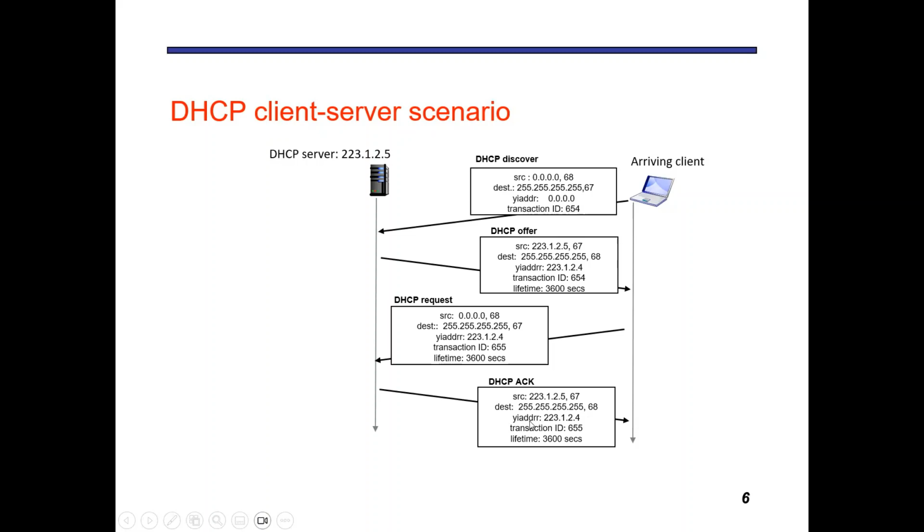And then the IP address that was offered initially and confirmed by the client is there. The transaction ID is 655 because this is the second message of this transaction. And this is the lifetime, or the lease time, which is 3600 seconds. So once this client receives this, the IP configuration will be done and the client will be on the network.